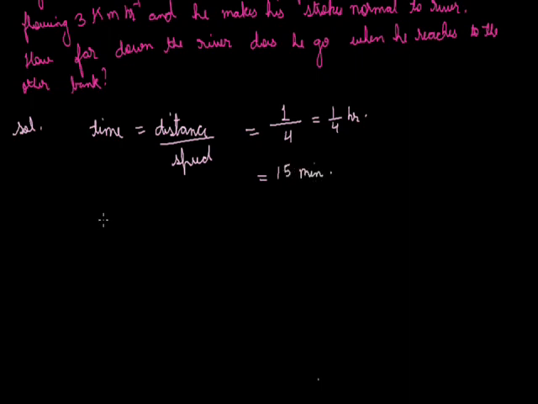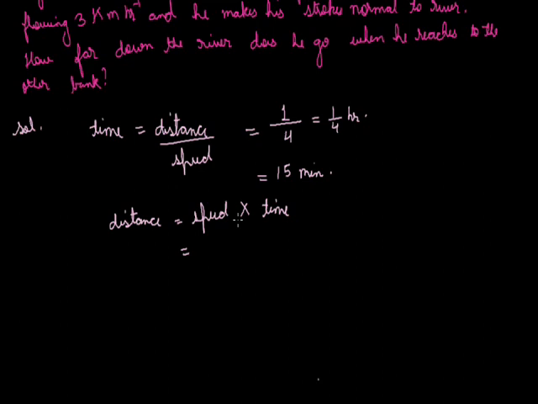Now we have to calculate the distance. We know that distance is equal to speed into time. Just now we calculated the time taken by the man is 1 by 4 hours. Now in this part, the speed of the water will be taken because the water is also flowing, so that is also contributing to the man.